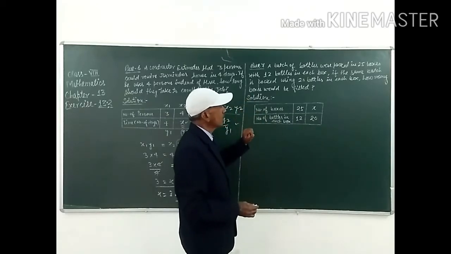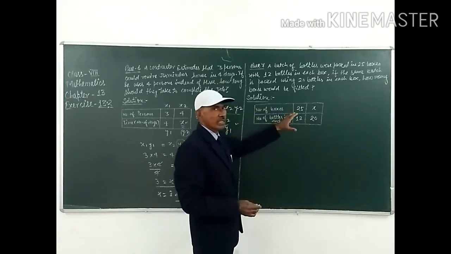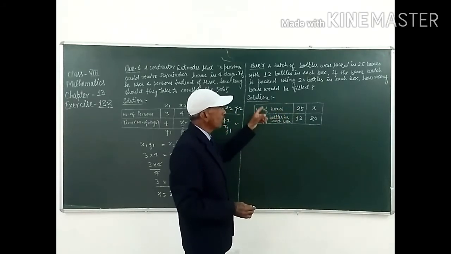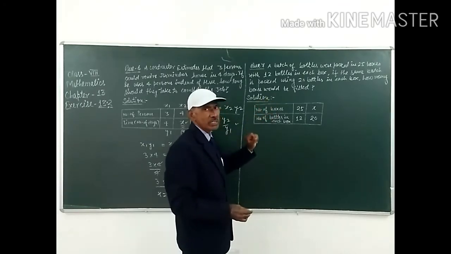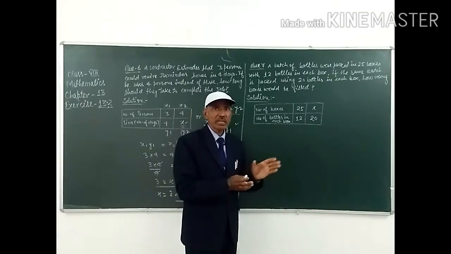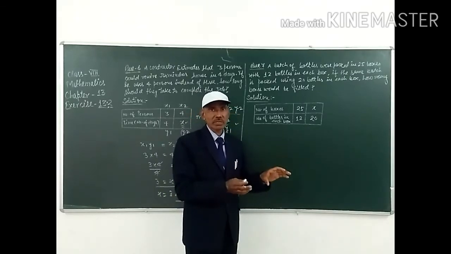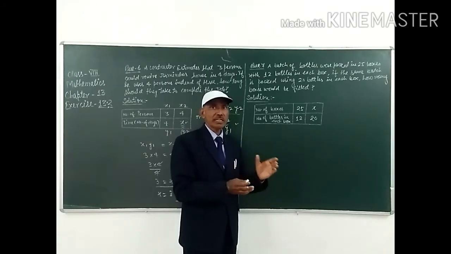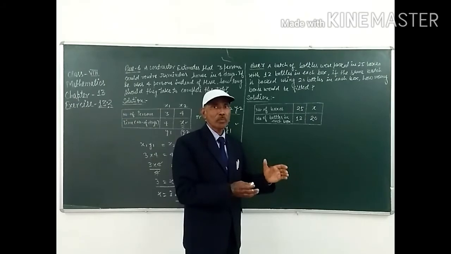In this question we have to find out the number of boxes, and first of all we have to find out what type of relation is between boxes and bottles. If we fill more bottles in each box, then it will take fewer boxes, and if we fill fewer bottles in each box, then it will take more boxes.